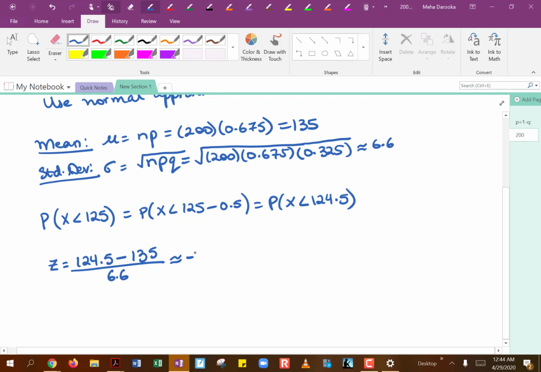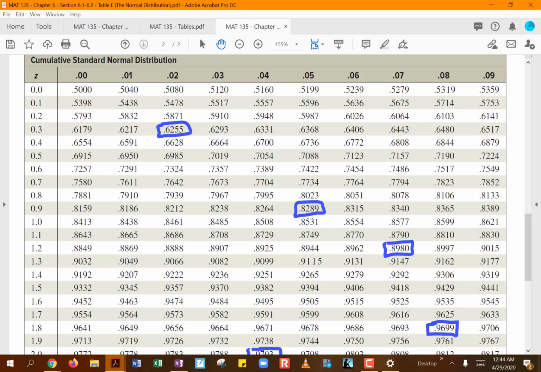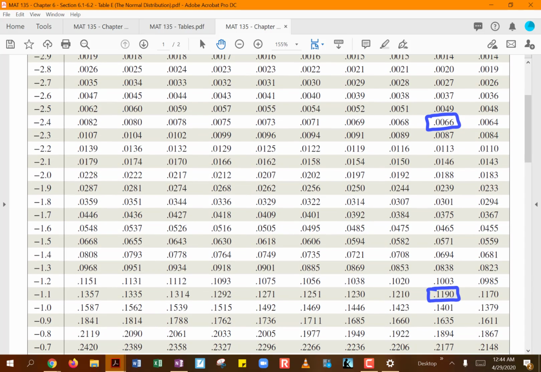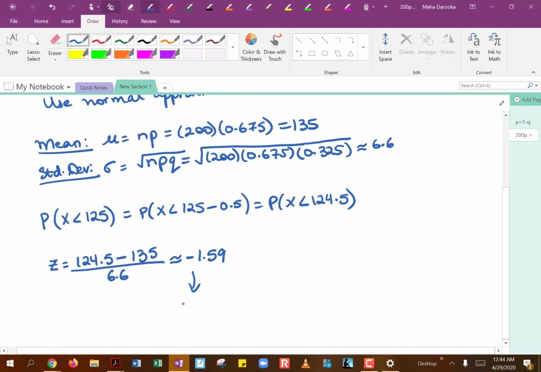Negative 1.5, and then 9 would be the very last value, which is going to be 0.0559. Since we are talking about less than, you don't have to do any calculation here.